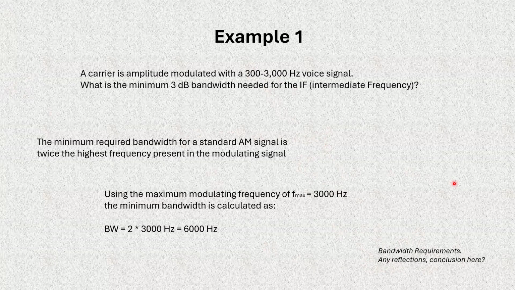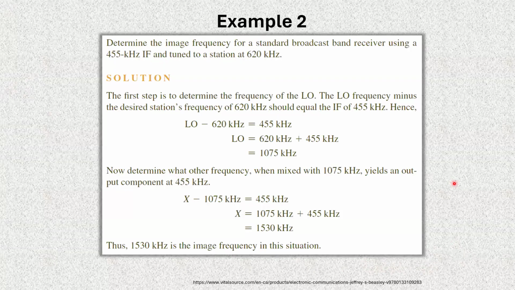So we get this. Now, there are problems with the image frequencies. Remember what the image is? The image station or image frequency is the frequency that can also produce the same intermediate frequency.